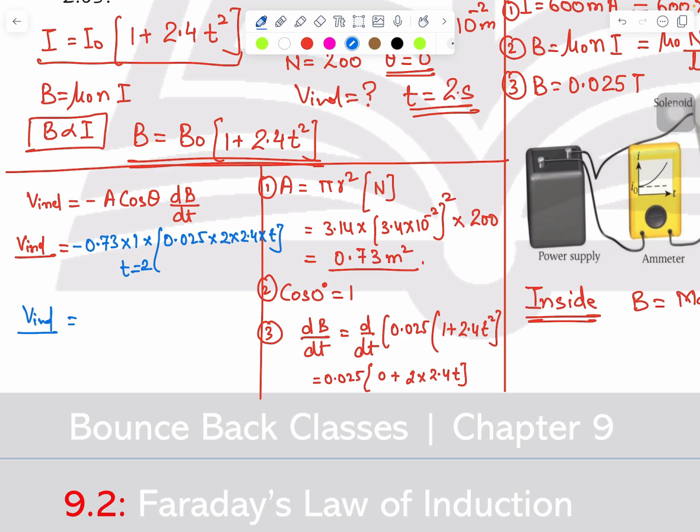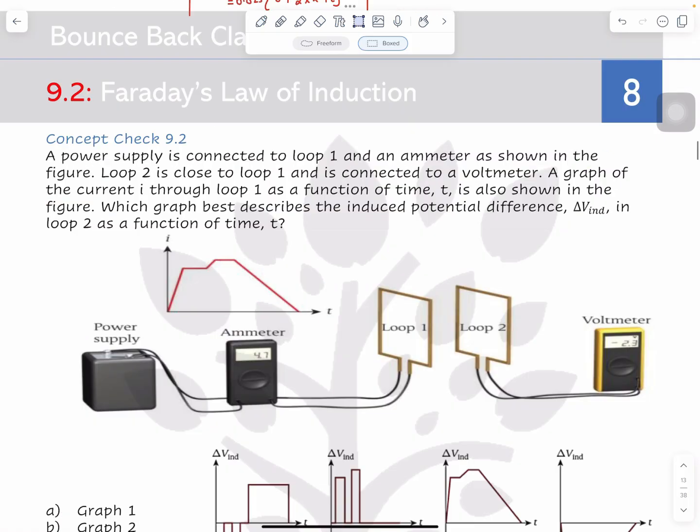Now guys, solve this. So what you will get? You will get negative 0.18 volt. Just place the value of t equals 2 seconds and multiply them. You will get this value. Fine, guys. You understand?